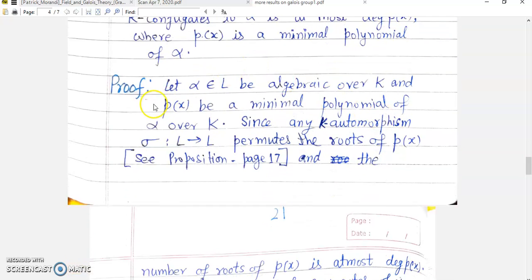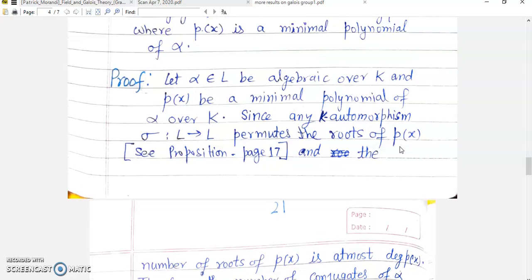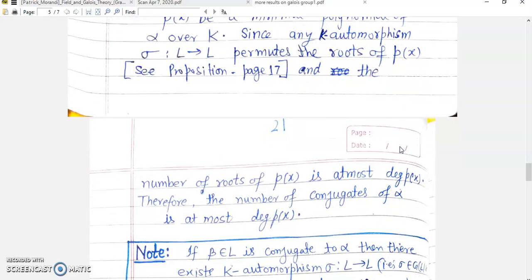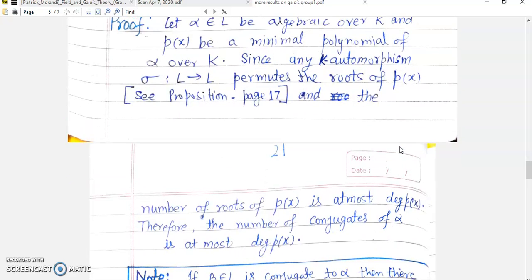So to prove this, suppose that alpha is algebraic over K and p(x) is the minimal polynomial of alpha over K. Since any K-automorphism permutes the roots of p(x), as we have discussed in the previous proposition, it carries roots to roots.